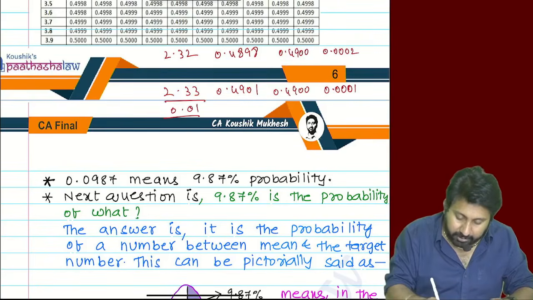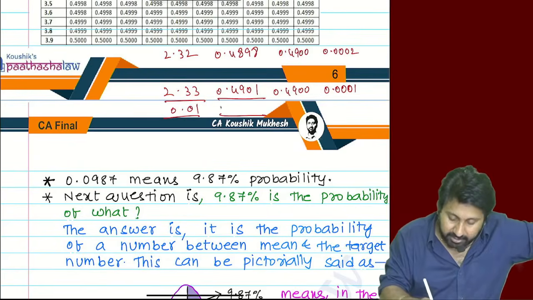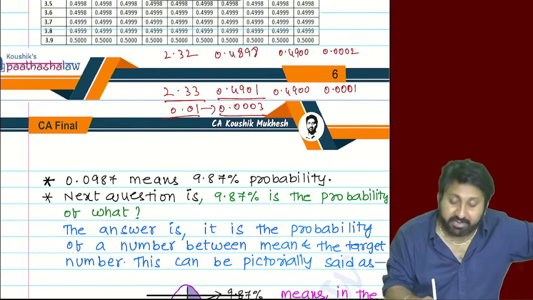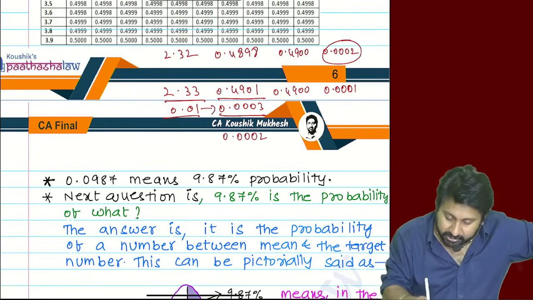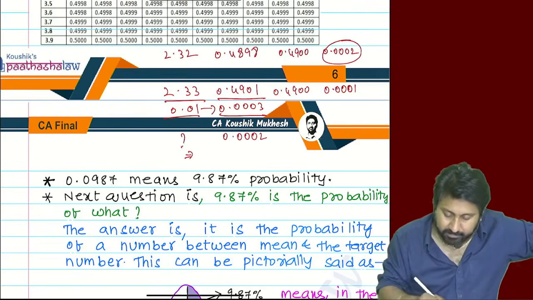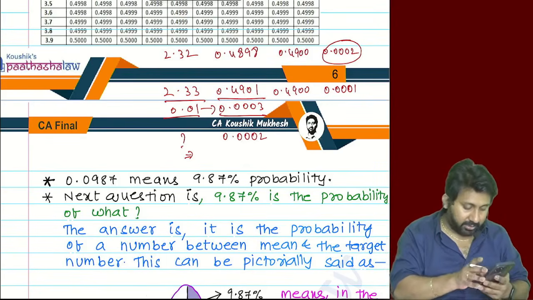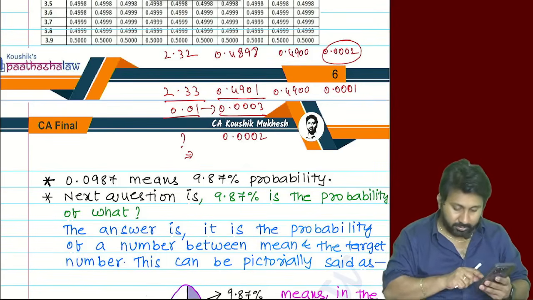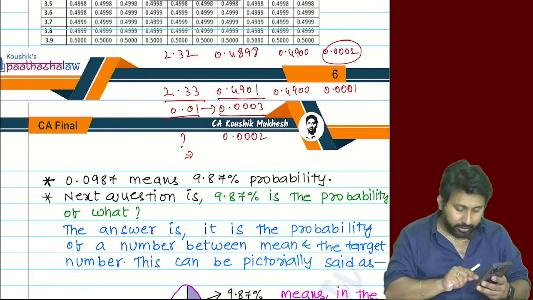For a 0.01 change in the Z value, this value is changing by 0.0003. So if a 0.0003 change is there for 0.01, for 0.0002 how much change has to come? Calculate. 0.0002 into 0.01 divided by 0.0003.